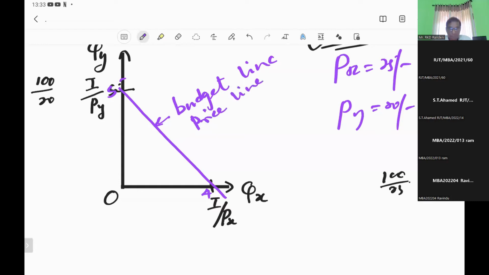Now he spends his whole money on 2 commodities, that is XPX plus YPY equal to I. That is the budget line equation.